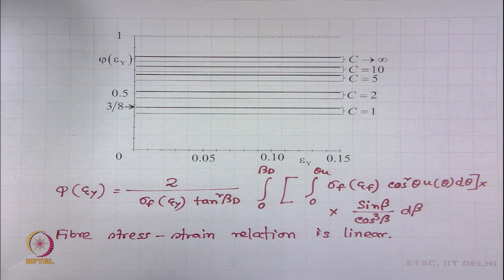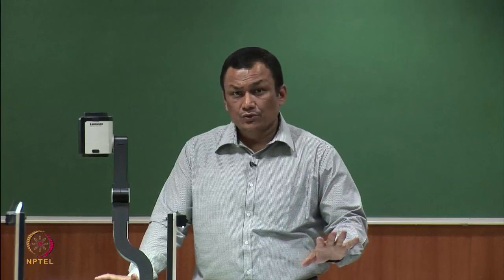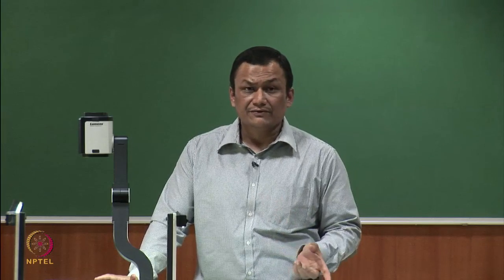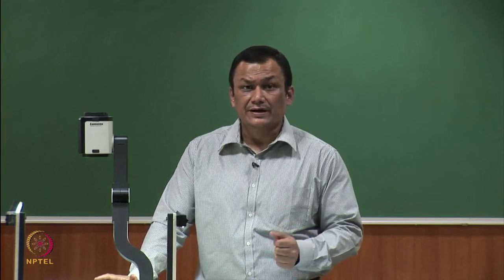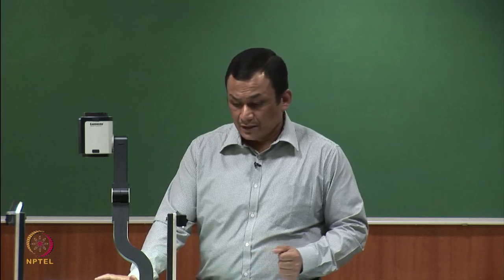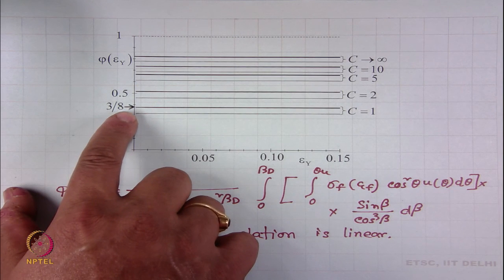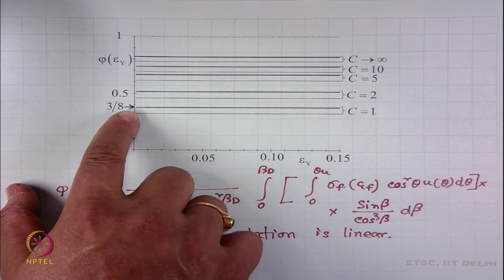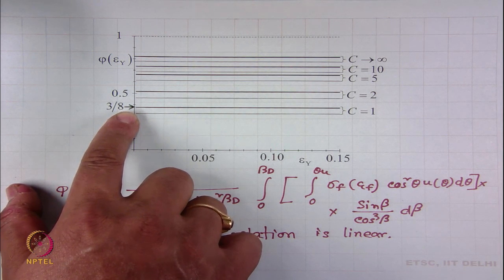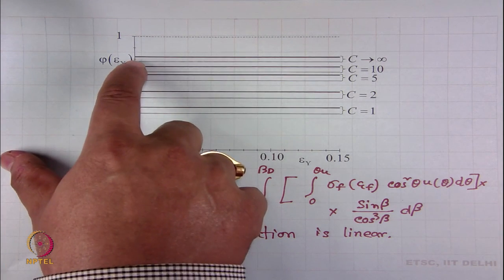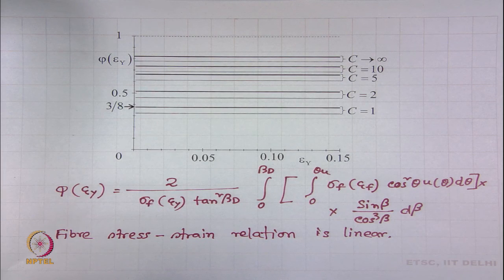That means there is fiber orientation which is playing a dominating role in deciding fiber stress utilization in yarn, because you see this value say for 3 by 8, and from 3 by 8 to here it is very close to say 0.9, we obtain these values.